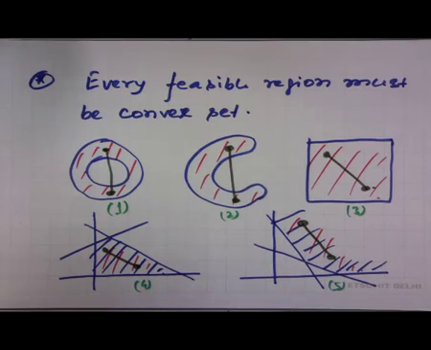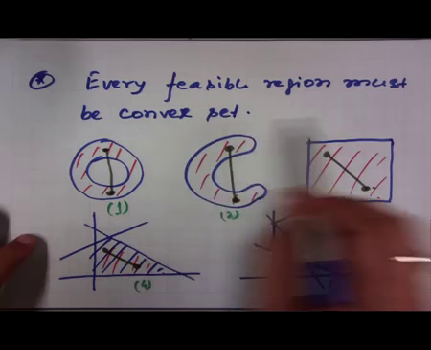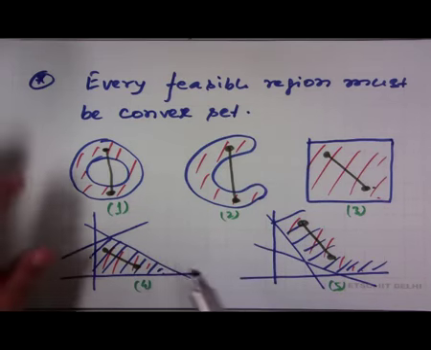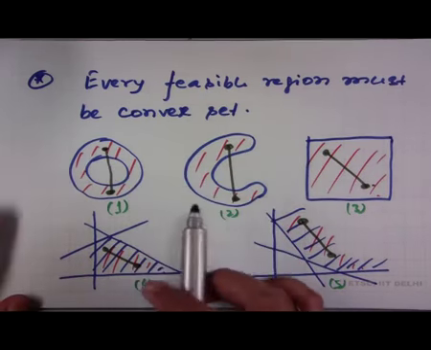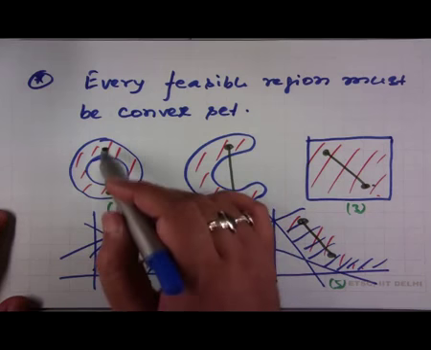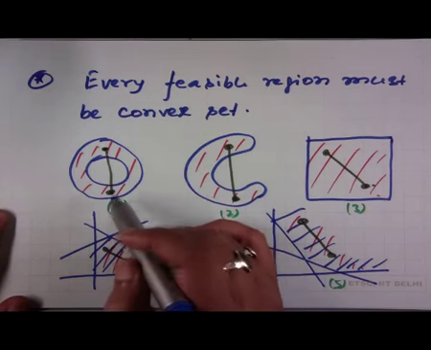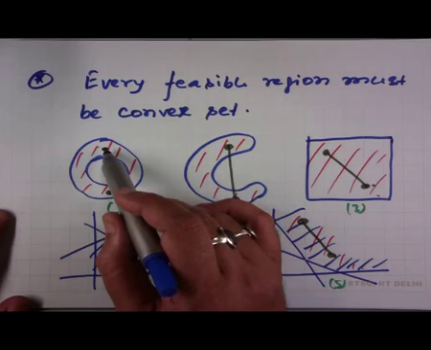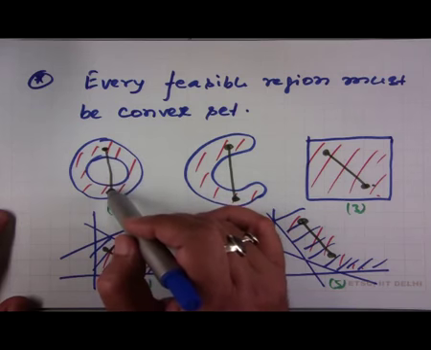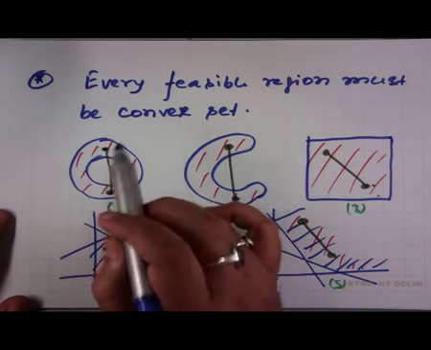In all these 5 figures, only 3, 4, 5 are feasible regions, because convex set means if you take any 2 points in the region and join them, each and every point on the line must belong to that region.